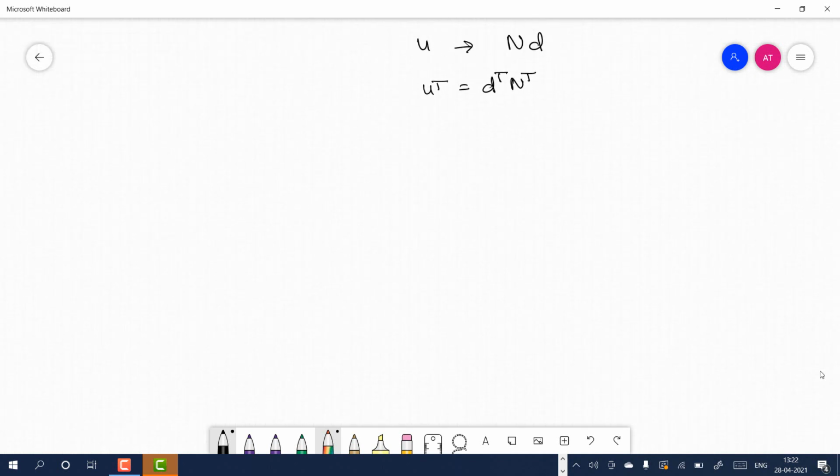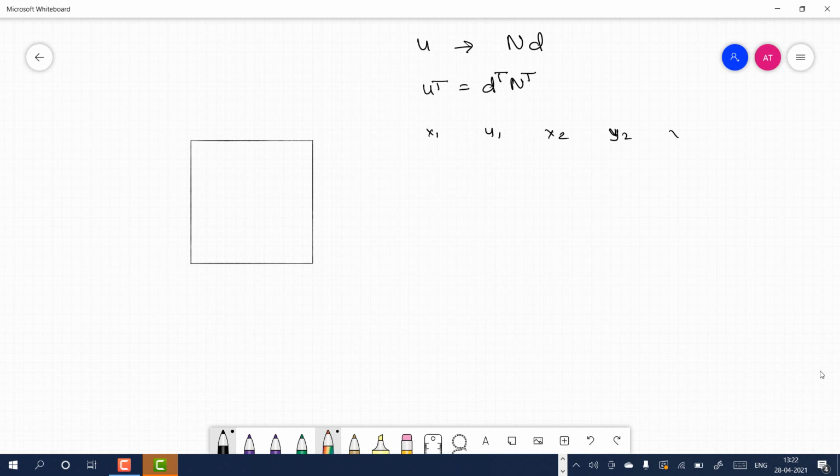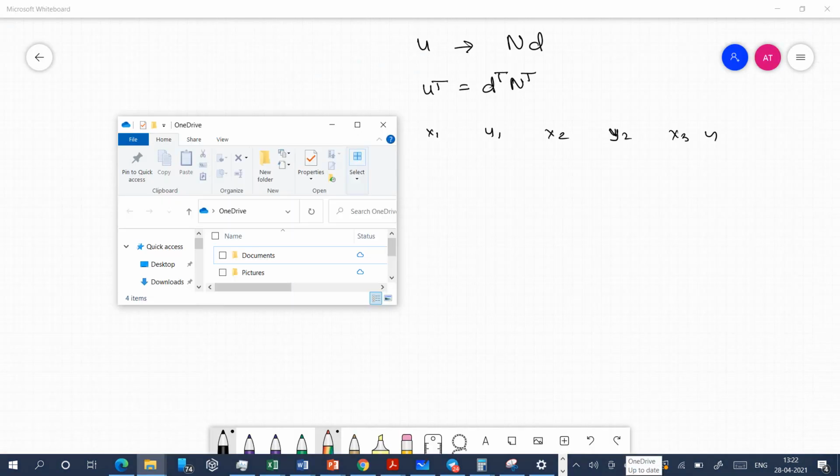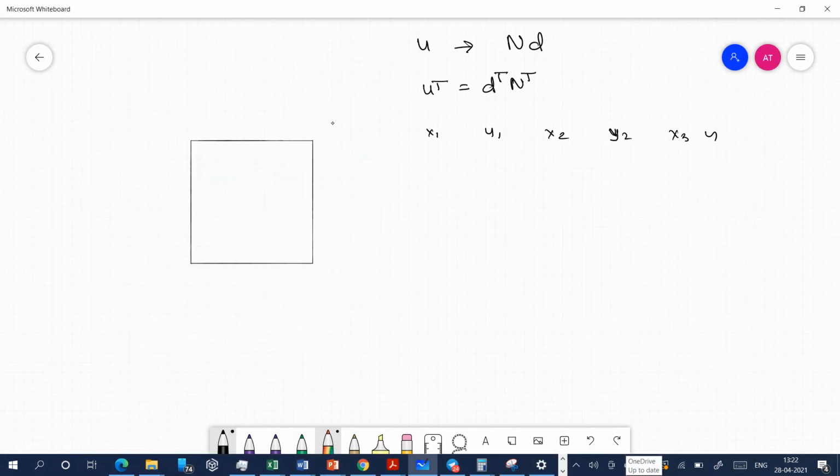Okay, so we have the quadrilateral element, and let us say that the global coordinate values, meaning x1, y1, x2, y2, x3, y3, and x4, y4, all those values, are 0, 0, then 2, 0, then 2, 1, and then 0, 1.